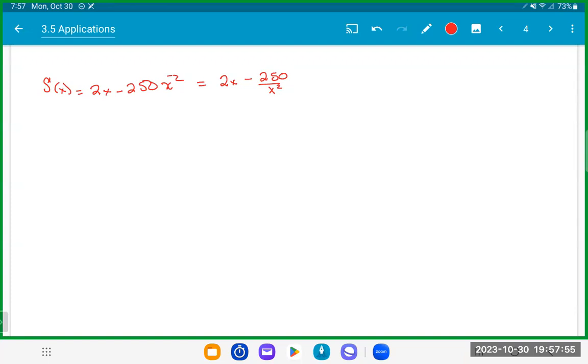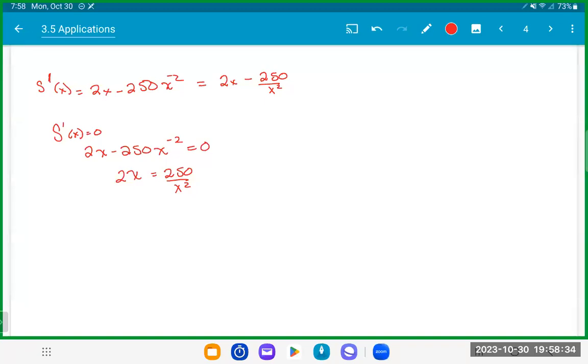So we set S prime equal to 0, so 2X minus 250X to the negative 2 equals 0. That gives 2X equals 250 over X squared.